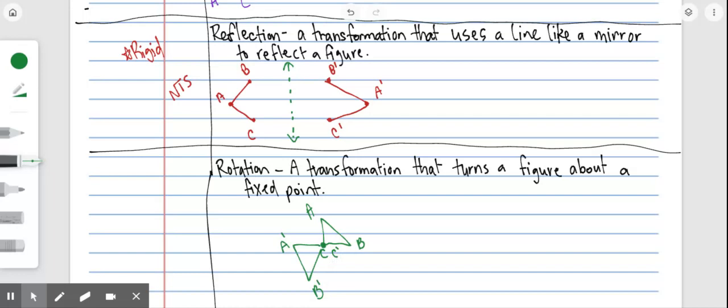So the shape, again, remains the same, but I've rotated it. I've changed its location. So this is another rigid transformation. And again, I'm really sorry that that was not to scale.